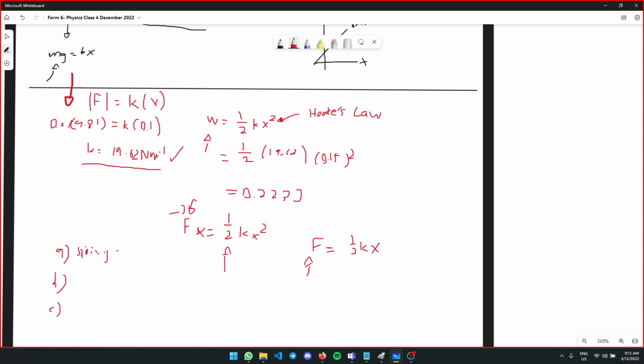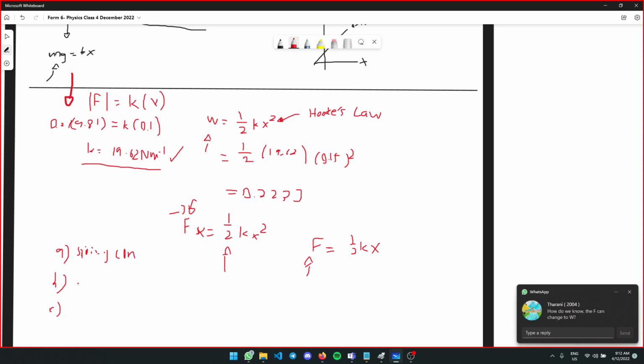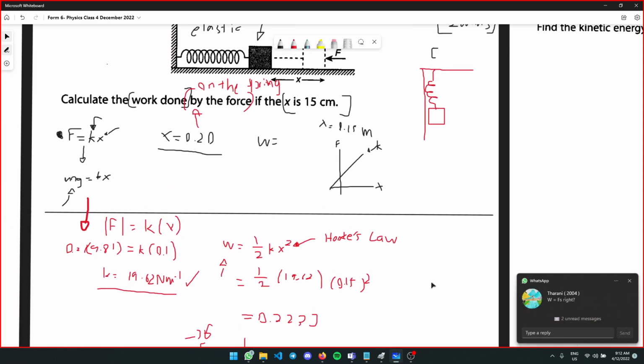In question B they ask how do we know the F can change to W? Yes, W equals F, right?